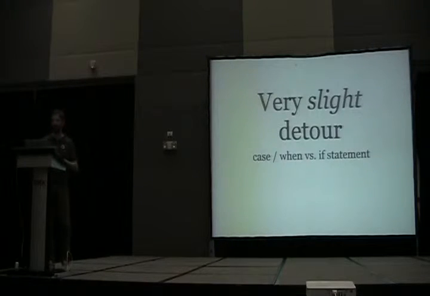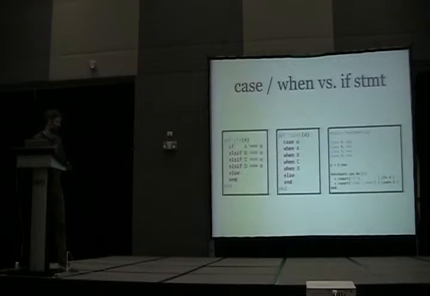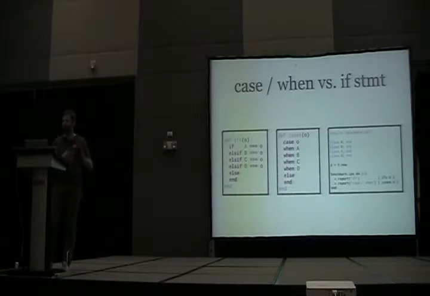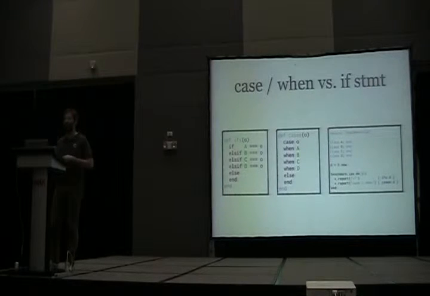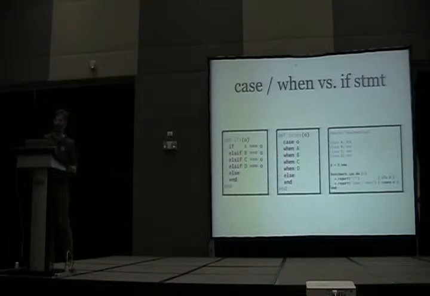This is a very slight detour about case when versus an if statement. Let's take a look at this example code here. You'll see we have one method that uses an if statement with a bunch of triple equals, and then one method that uses a case statement, and then we have a benchmark that compares the two. These should be equivalent methods. They should do exactly the same thing because we know that the case statement translates to triple equals.